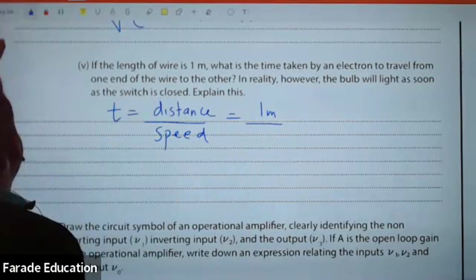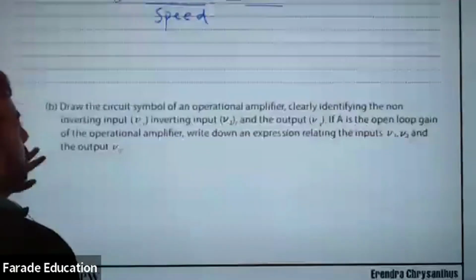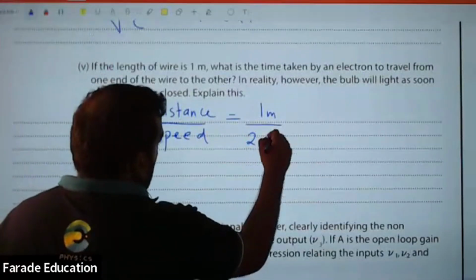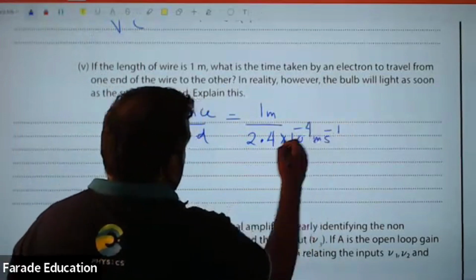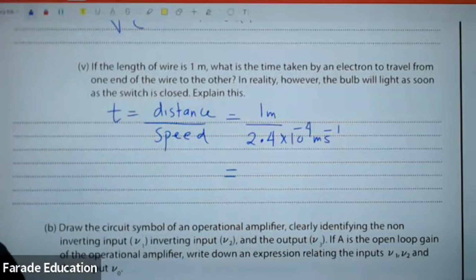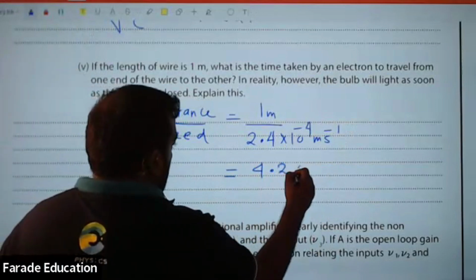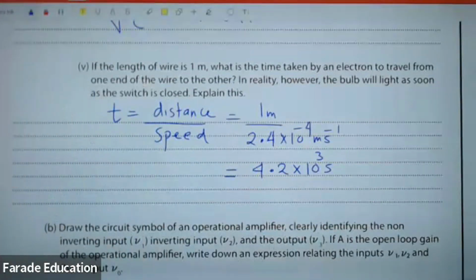You must consider the drift velocity as the speed, 2.4 times 10 to the power minus 4 meters per second. If I simplify this, you will get a very large time, 4.2 times 10 to the power 3 seconds. Technically, it's a huge amount of time.